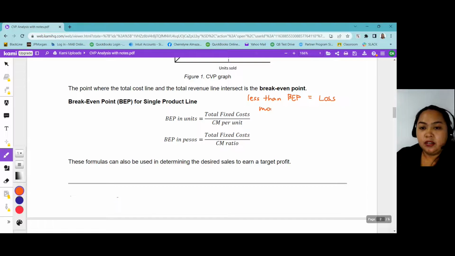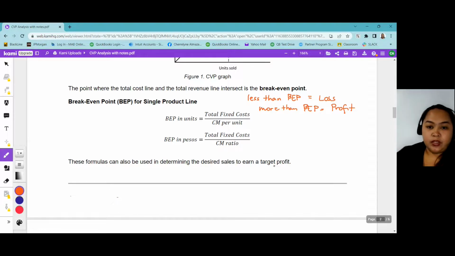Pag more than break-even point, ang na-produce mo for a day, that will be equal to a profit. Okay? So, ito yung quota mo. Okay? So, kung ayaw mong magkaroon ng profit or ayaw mong magkaroon ng loss, dapat makompute mo kung ano ba yung volume or activity or dapat mong mabenta na break-even ka lang. Break-even kasi break-even or even lang yung revenue at saka yung expenses nyo.